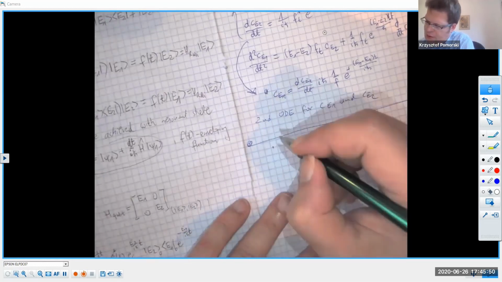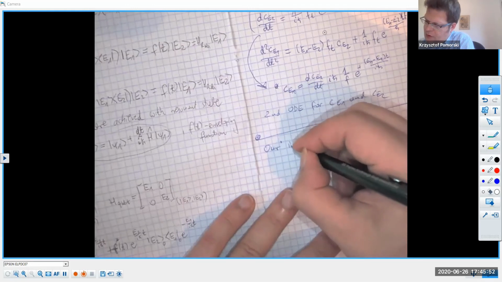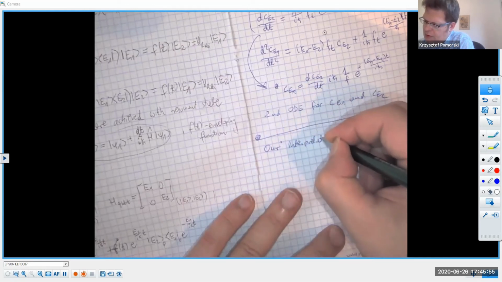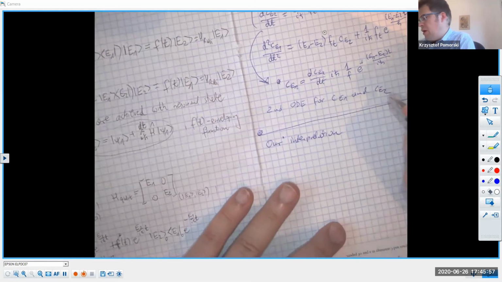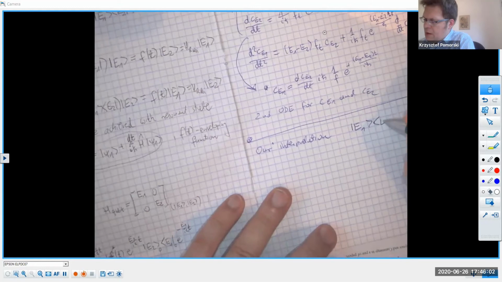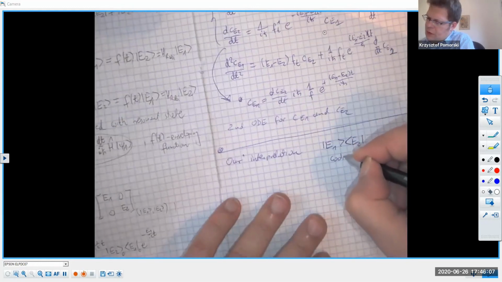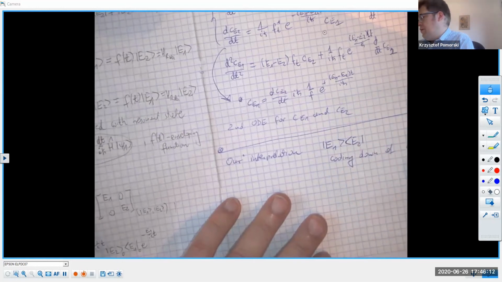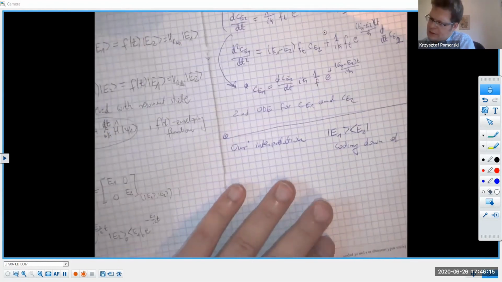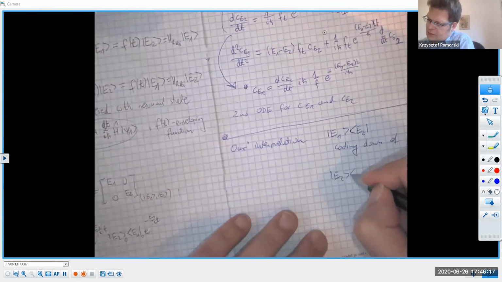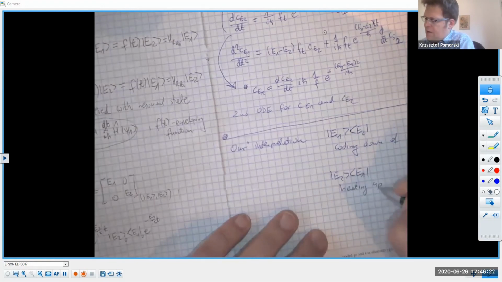So clearly our interpretation is that we have this term, this is cooling down of the quantum state, and this term is heating up the quantum state.